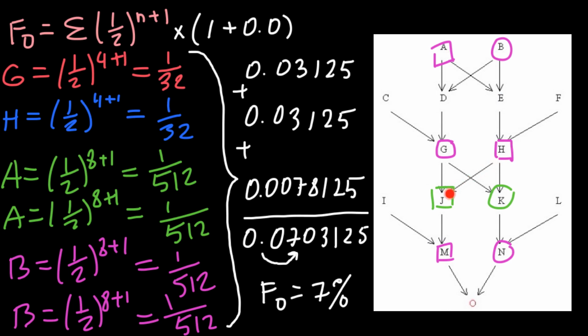And as we said, it can be this pathway. So we have here inbred individuals, but we do not include them in our calculations, because these individuals are not going to be common ancestors of both parents of individual O. Only G and H would be, and these individuals are not inbred, and A and B, once again, are not inbred. I hope my explanation was clear enough.